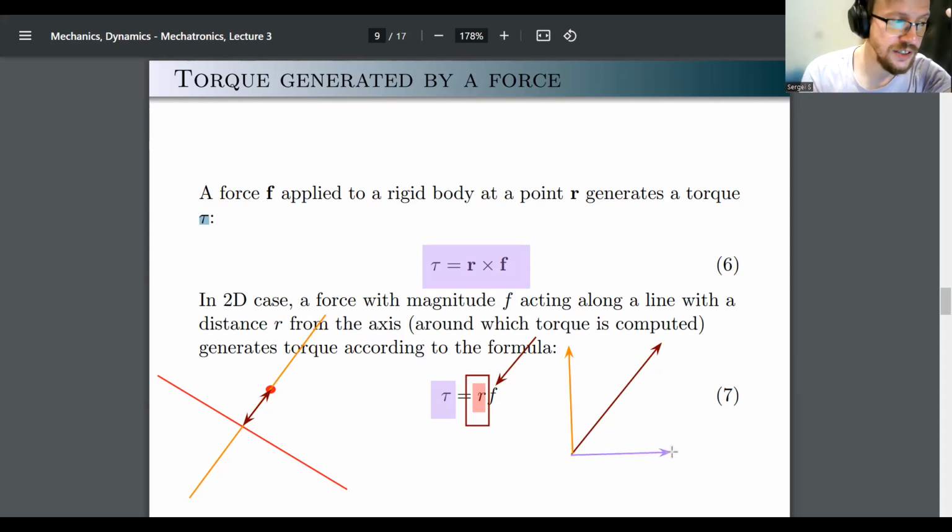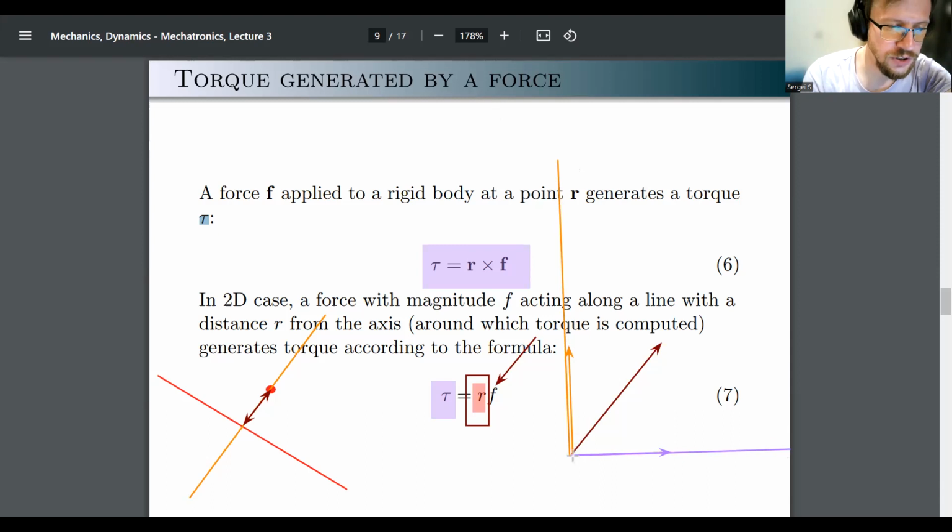Two components, their sum is equal to the original force. We need to remember that the line of action for the orange component is this guy, right? So when we compute torque, we have to use this guy as a line of action. For the purple force, the line of action is this. So we have to use this one to compute torque.